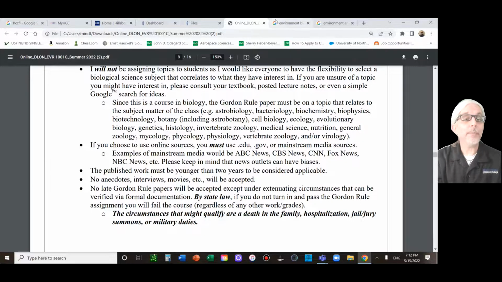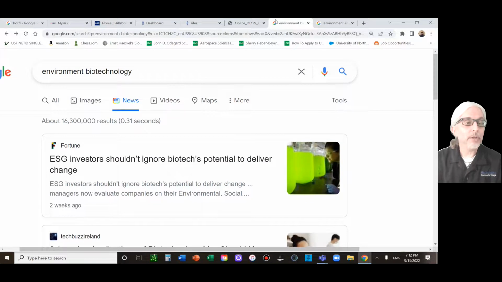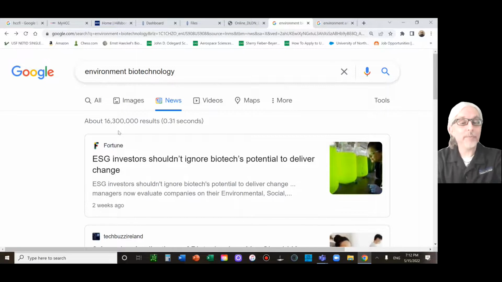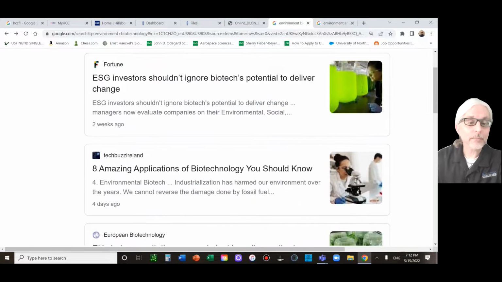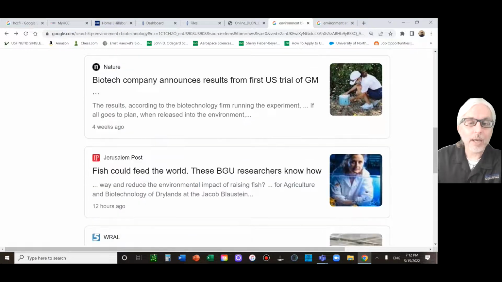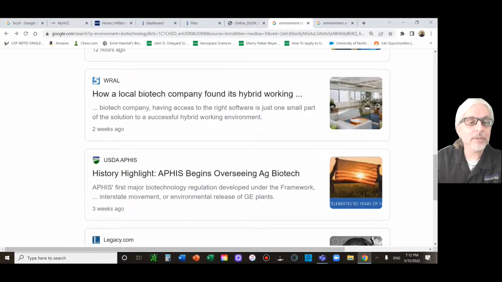Not hard. For example, here's environmental biotechnology. I just, as you can clearly see in Google, plugged that in and then went to news. It took me 0.31 seconds and I got 16 million results. Oh my gosh. On just page one, here are some papers. Pick anything that tickles your fancy. I don't care, as long as it relates to environmental science.